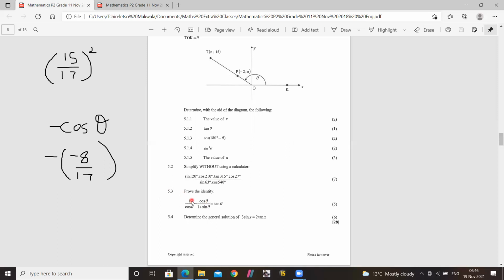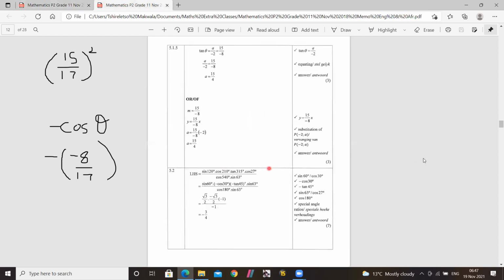However, for 5.3, an advice I can give you is, do you see they are giving you two terms here, most especially fractions? The first step would most probably be getting the LCM of these. Then you'll have a way forward from there.